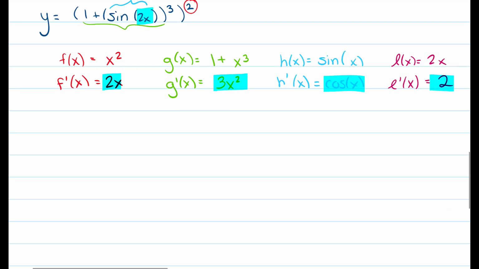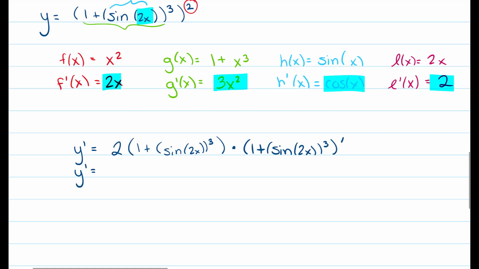Of course, substituting in the inside pieces for those x's. So I get that y prime is equal to the big outside piece, so 2 times 1 plus sine of 2x cubed times the derivative of that inside piece.